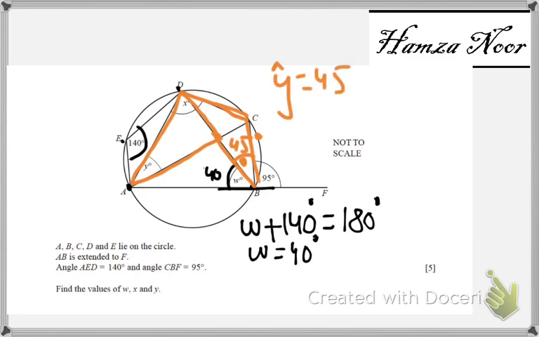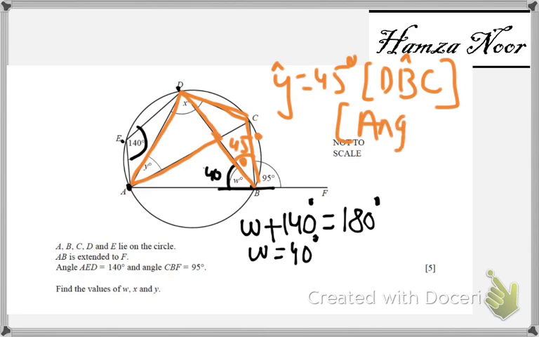Angle Y is equal to 45 degrees, and what is 45 degrees? Basically angle DBC, and angles in the same segment are equal. You need to make sure to give the accurate reasoning as well. Angles in the same segment are equal.